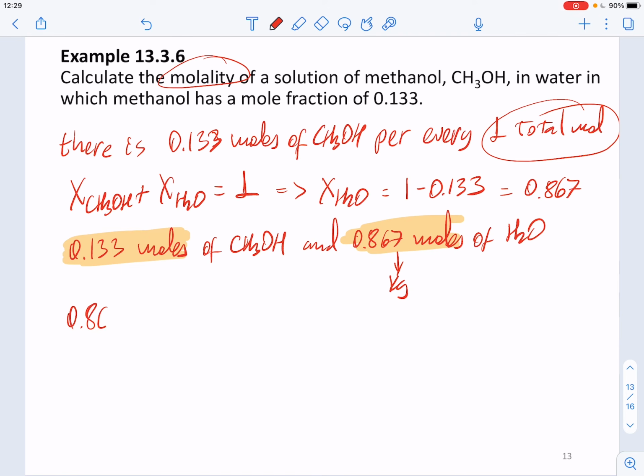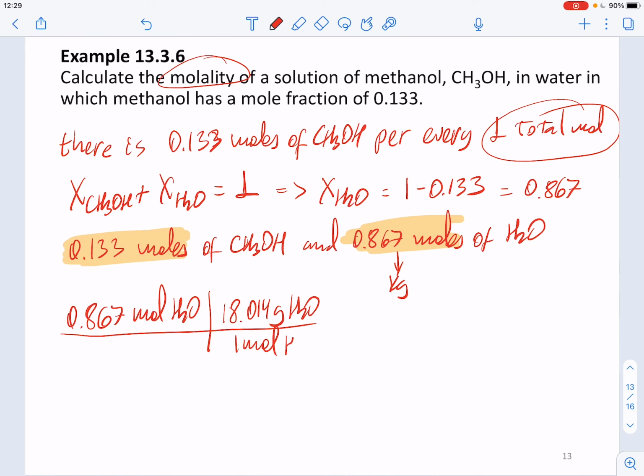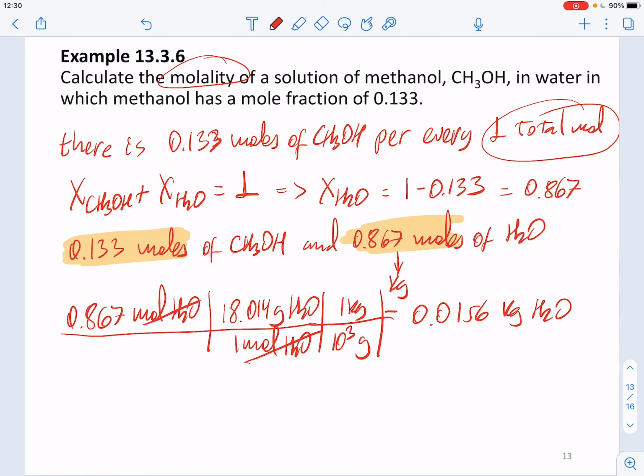So 0.867 moles of water times 18.14 grams of water per mole. We cancel moles here. This is grams, so 1 kilogram is 10 to the power of 3 grams. Well, that gave us 0.0156 kilograms of water.